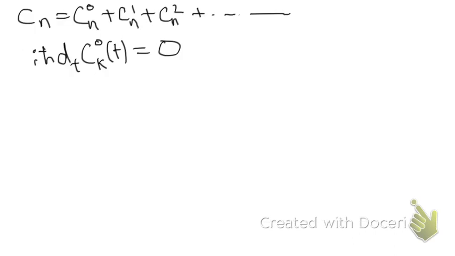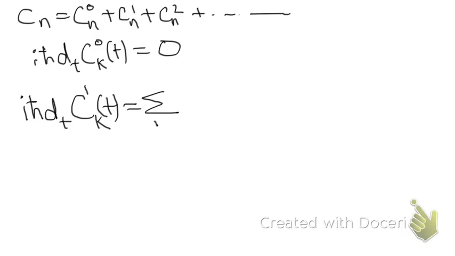The first order term, however, can be written as this thing, iota h bar d/dt, and now it's the first order term, so c_k^(1) as a function of time t, so this being equal to sum over n. Now c_n^(0), I'll have the previous term, right? So whatever order I am computing on this c_n, I'll have the previous order, right?